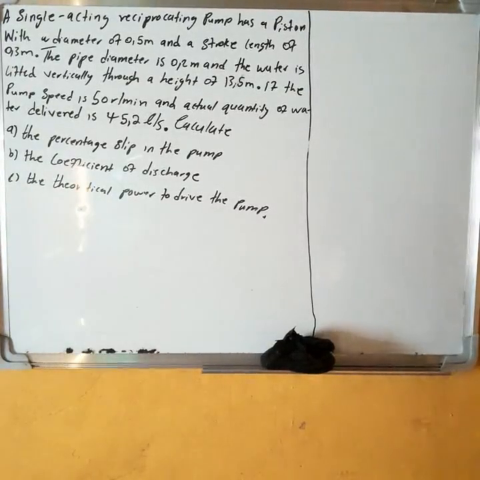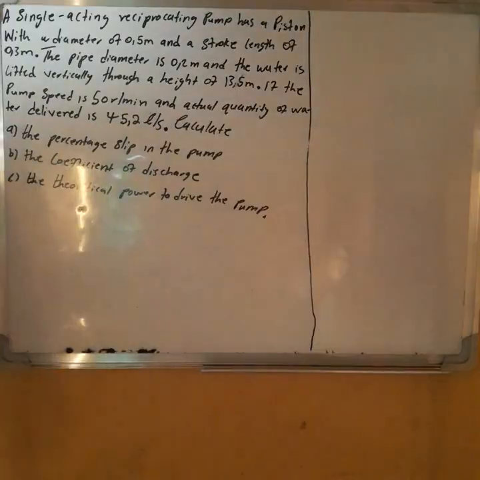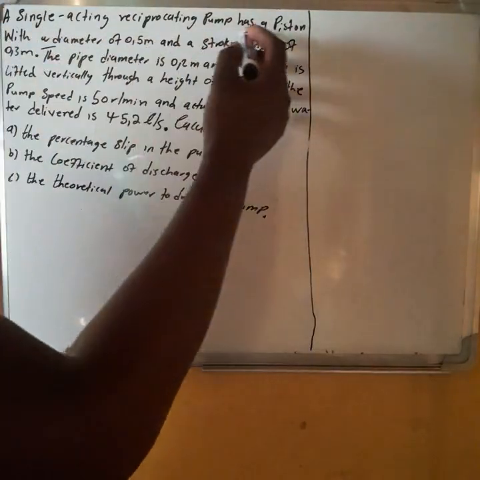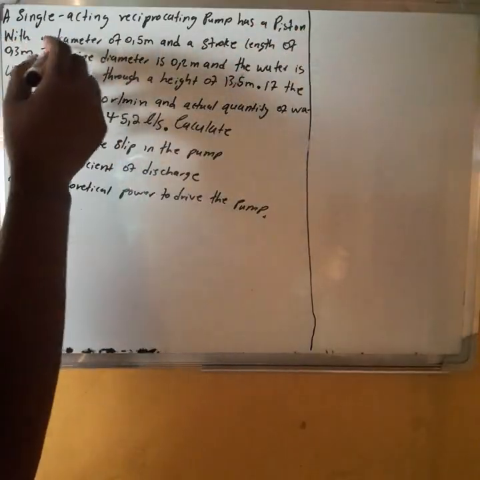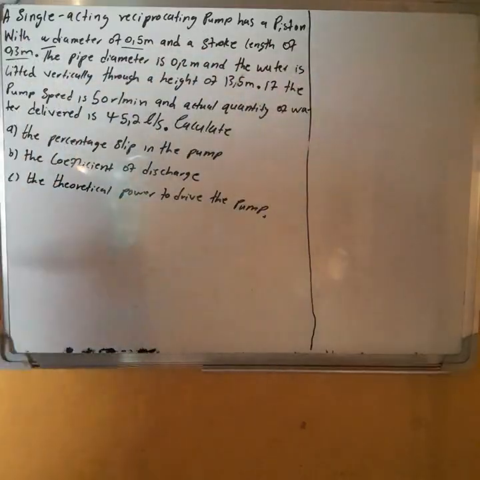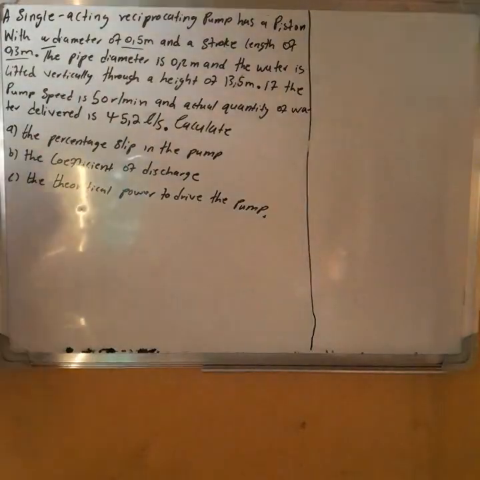We have this question, which reads as follows. Fluid mechanics, pumps: a single acting reciprocating pump has a piston with a diameter of 0.5 and a stroke length of 0.3.